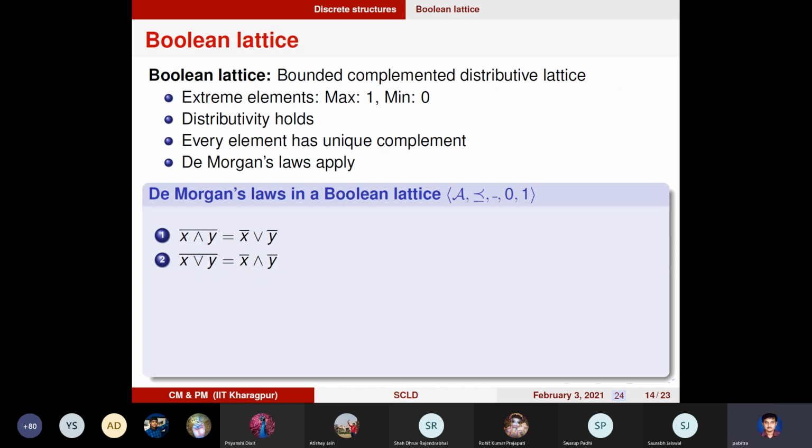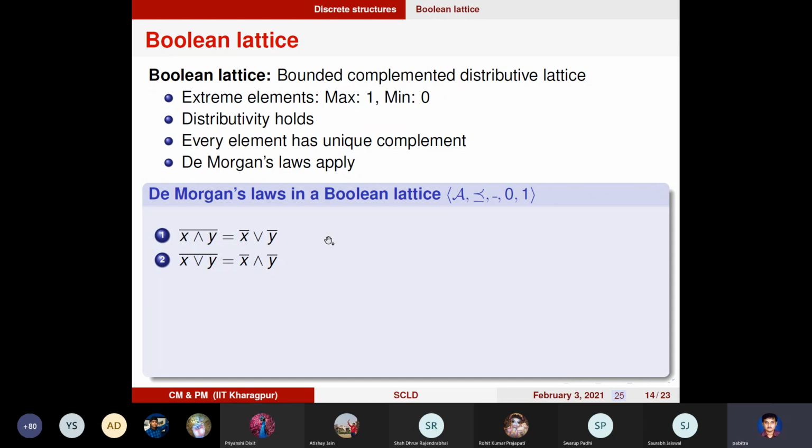Okay. So this duality principle of meet, join, complement, and max and min elements is called De Morgan's law. You know it very well. So the complement of x meet y is x complement join y complement.